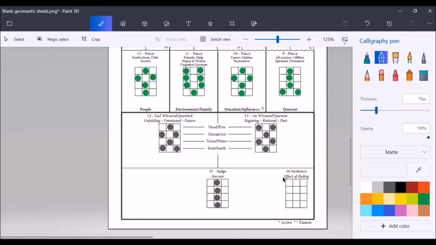So to bring it all together, notice how this all merges together with the time we were talking about earlier, right? The past, present, and future thing, the timetable. So the querent, as the right witness, is the product of their past.